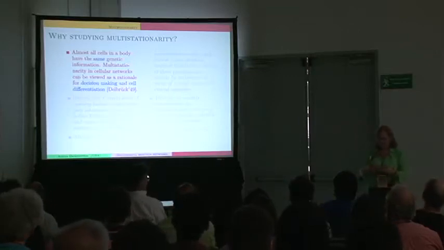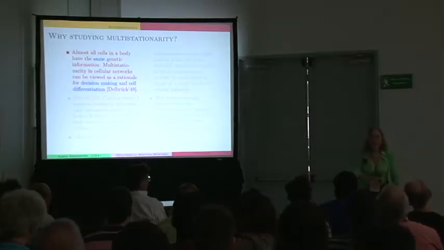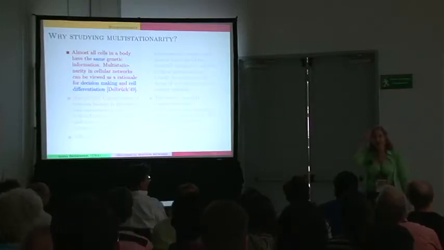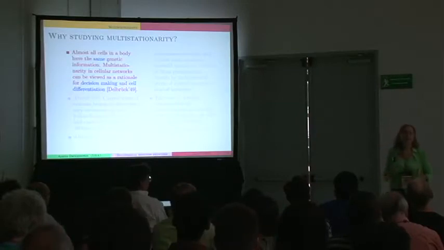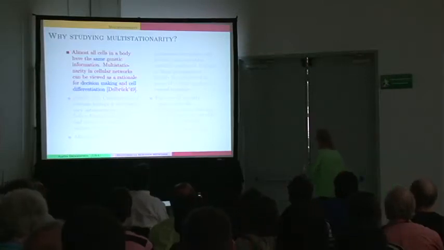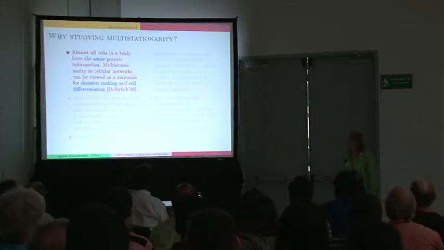They have the same genetic information, but there are differences between you and me and between the cells in the skin or the cells in the eye. And they say that this is produced because of multistationarity. The fact that there are different steady states is what produces cell differentiation. So this is a basic and important thing. This multistationarity is used by the cells to produce some decisions.